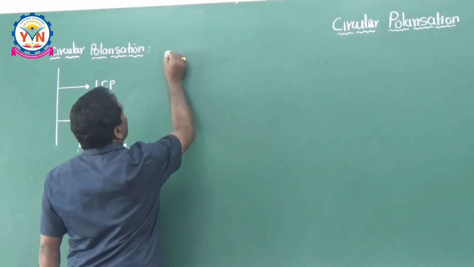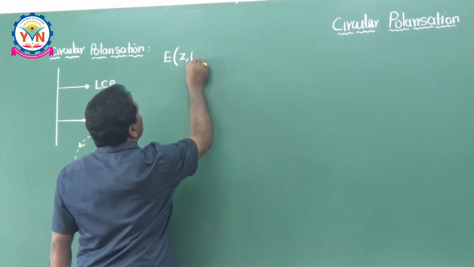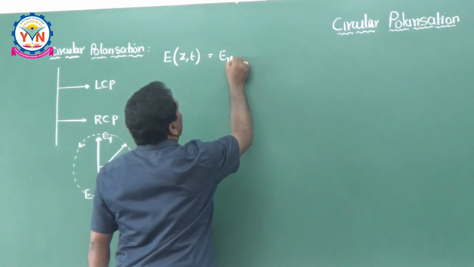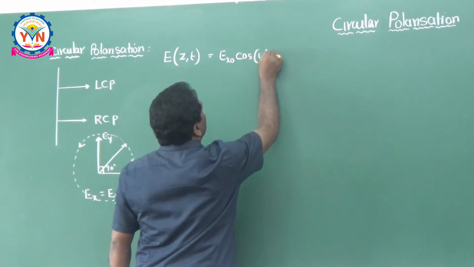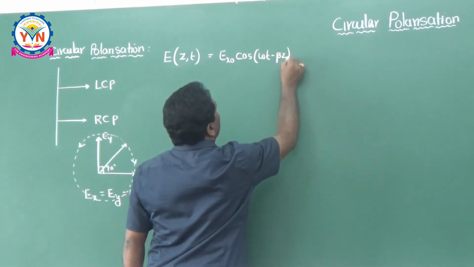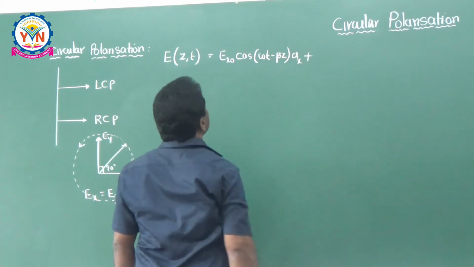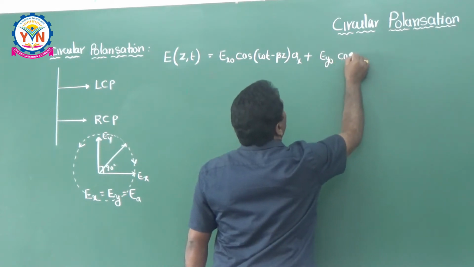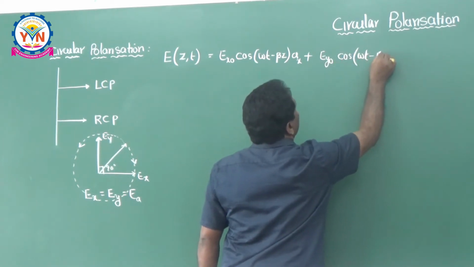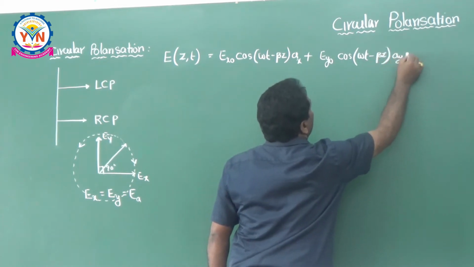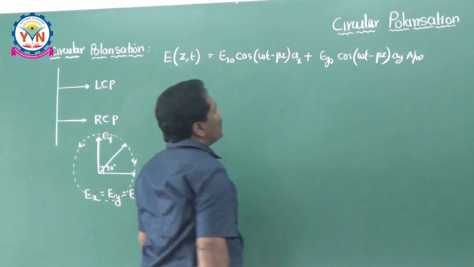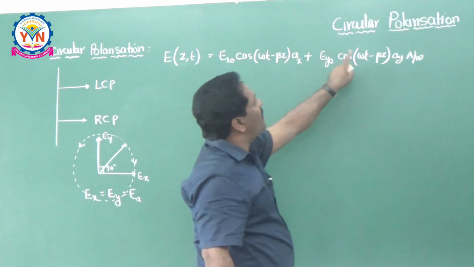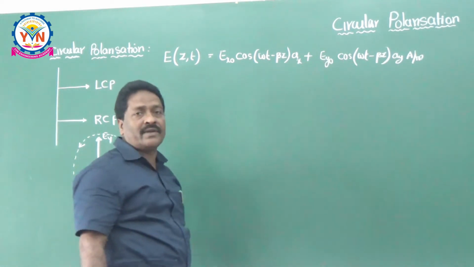Let us say the wave propagating in the z direction is equal to some Ex naught cos of omega t minus beta z into Ax plus Ey naught cos of omega t minus beta z into Ay amperes per meter. That is, the wave is propagating in the z direction and has an Ex component as well as an Ey component. It is a generalized equation that I have given here.